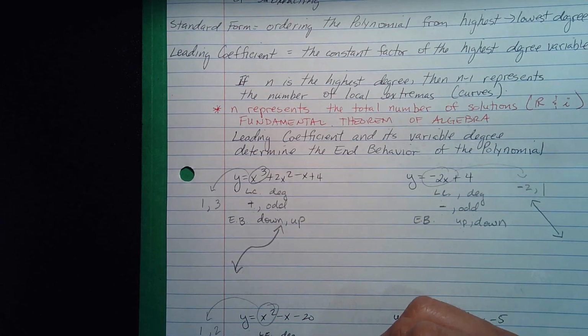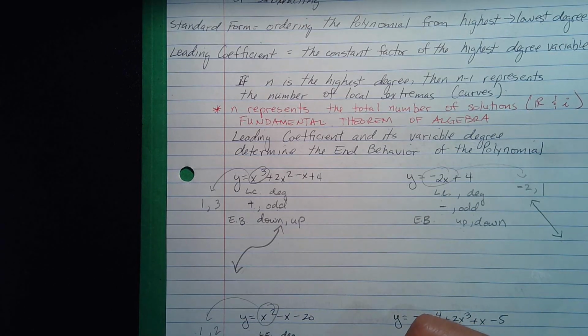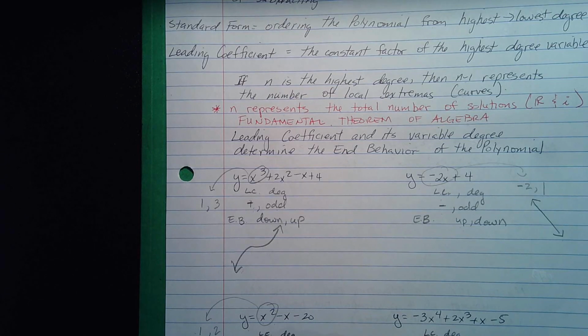So when you have a positive even combination, positive coefficient and even exponent, your end behavior is going to be up-up: left end up, right end up. And we know from Algebra 1, even last year's math class, that when the highest degree is 2, this is a parabola that opens upward.